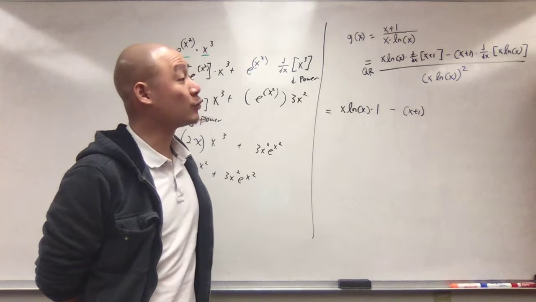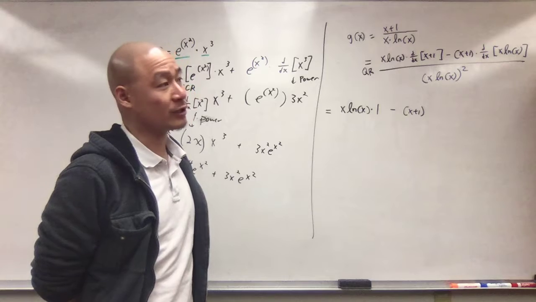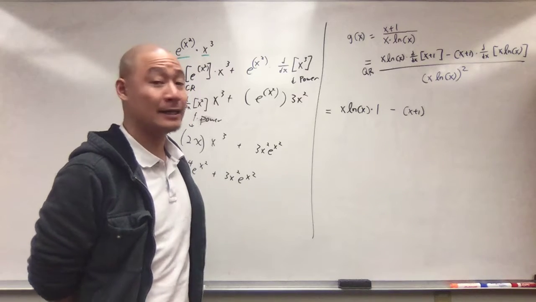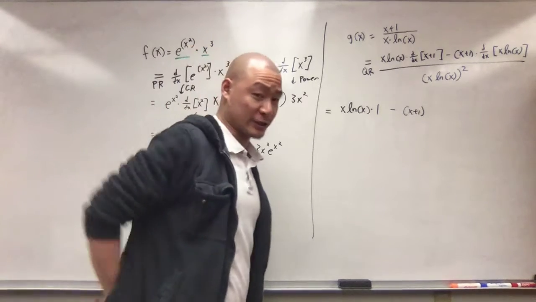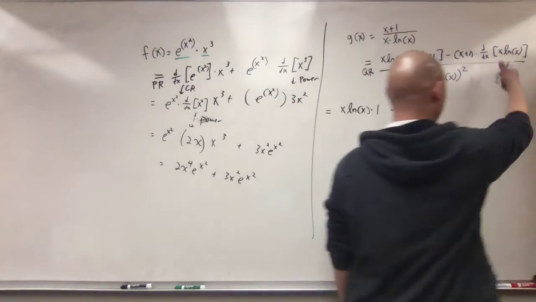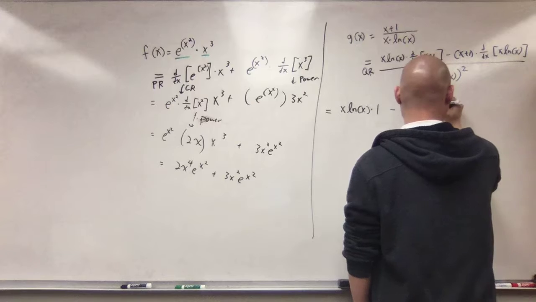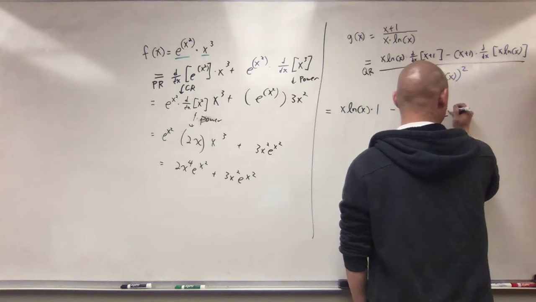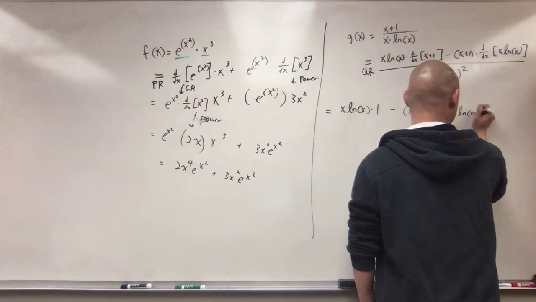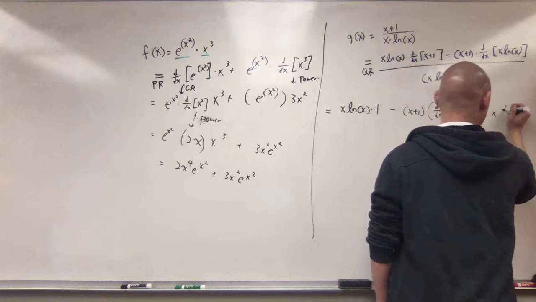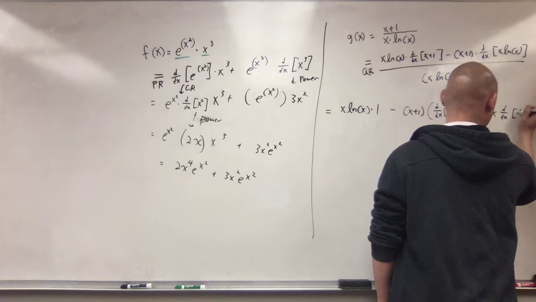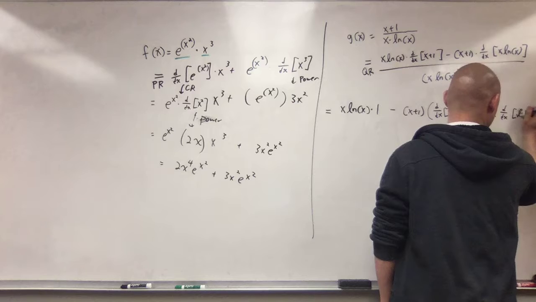Do I know what the derivative of x times natural log of x is? Well, it's not one of my standard functions, so I don't know how to differentiate it directly, but it is the product of two functions, x and natural log of x. So derivative of the first times the second, plus the first times the derivative of the second.